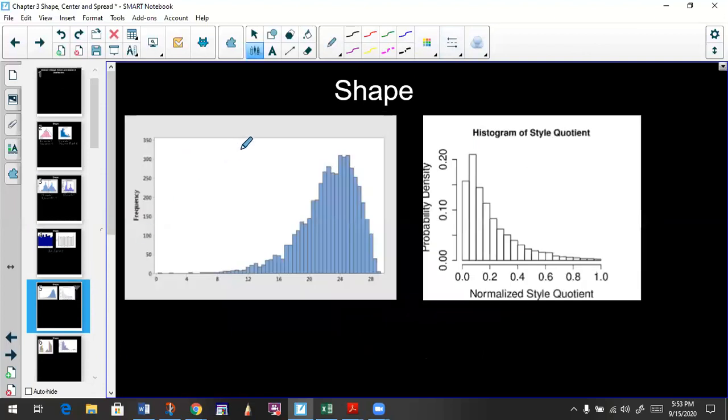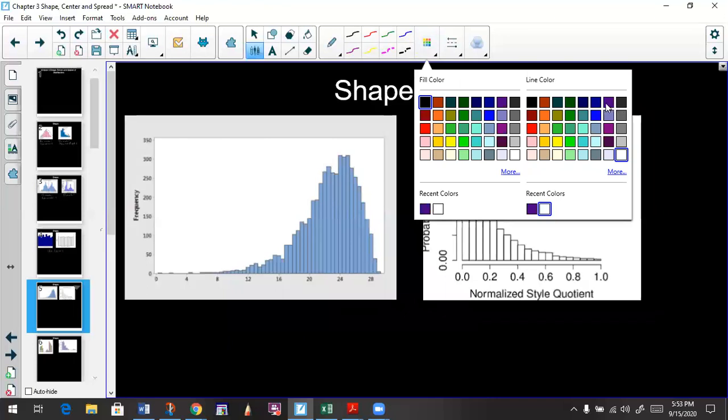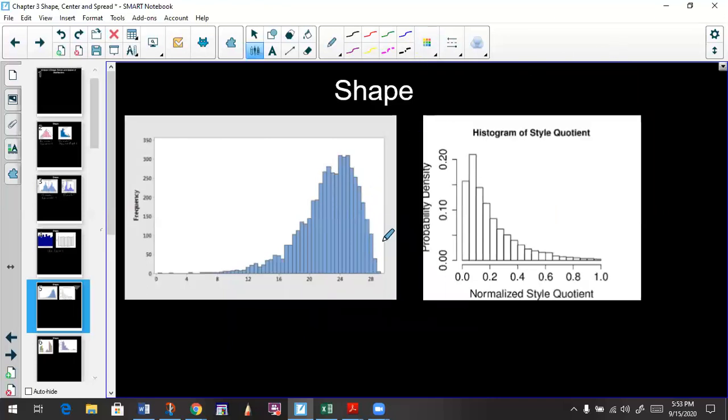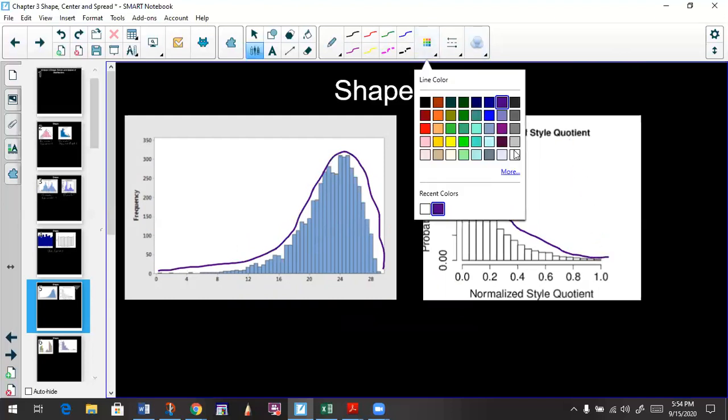And so we see again on this one, if we trace it out, you can see this tail stretches way to the left, and this one, if we sketch it in, the tail goes far to the right.